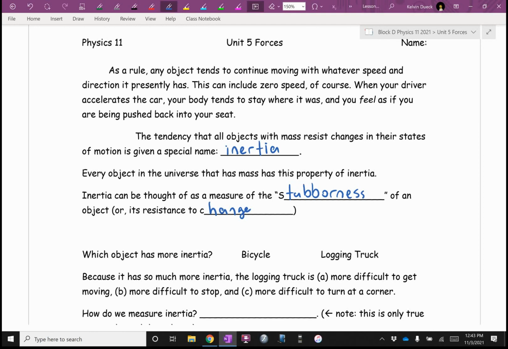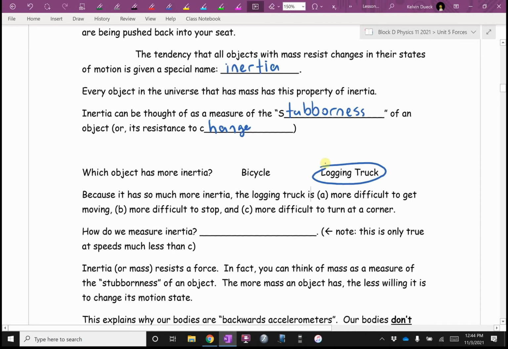Yes, but that locomotive had so much inertia, so much mass and speed, that it barely felt it. Or even more basic, what has more inertia, a bicycle or a logging truck? Obvious. Logging truck. Because it has more inertia, the logging truck is more difficult to get moving, more difficult to bring to a stop, and more difficult to turn on a corner.